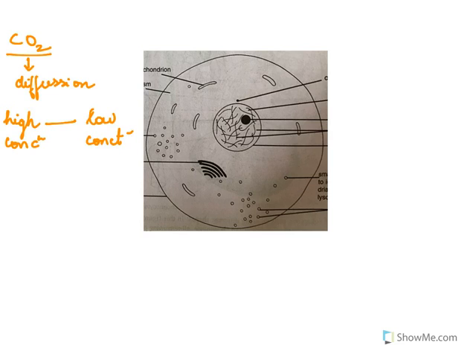Now inside the cell we'll have a large amount of carbon dioxide. Why? Because inside the cell the process of respiration is taking place, and in respiration carbon dioxide is given out.